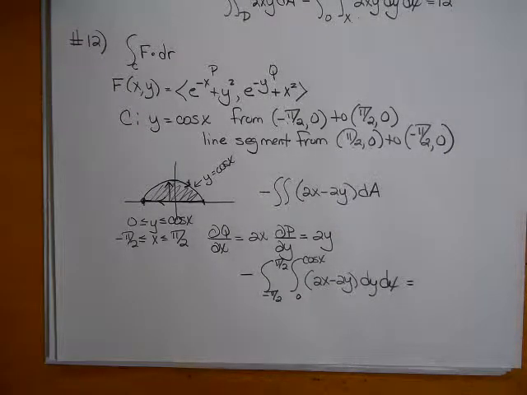So let's see if we can get a problem here. Integral of 2x minus 2y. 2 cosine x. Oops.